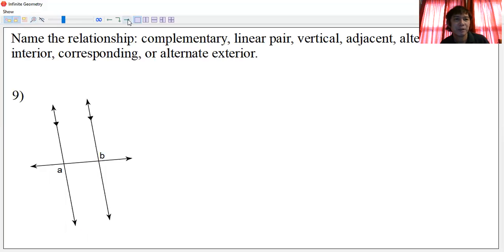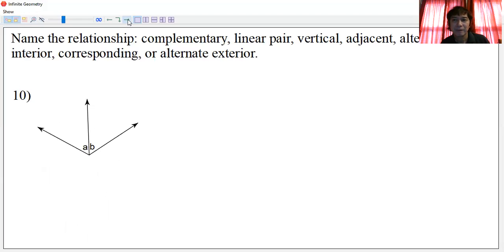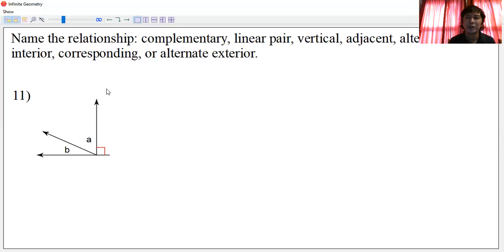Let's have number 10. Adjacent. We already discussed this. Adjacent. All right, adjacent. Next. Here's another adjacent angle pair, but this one has more characteristics. The sum of the 2 angles is exactly 90. And when you have an adjacent angle pair like this, and the total is 90, you don't just call it adjacent, usually you will call it complementary.